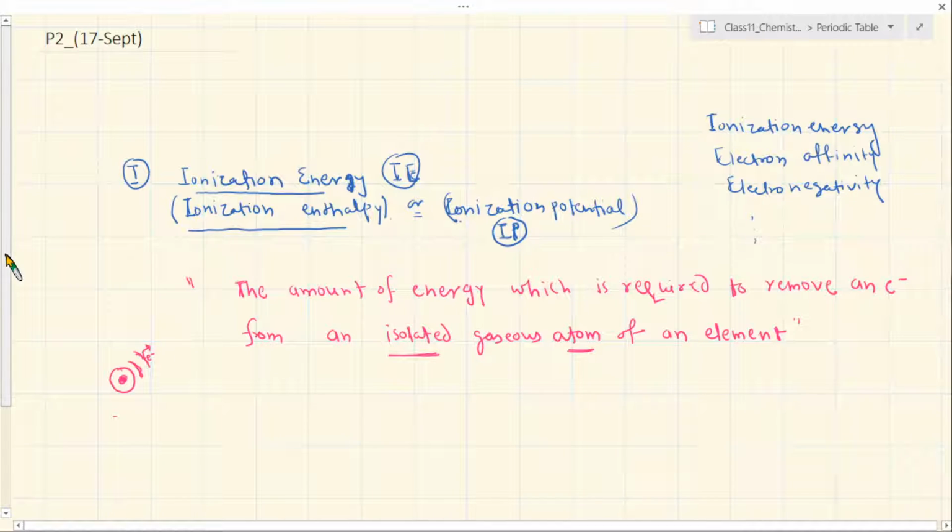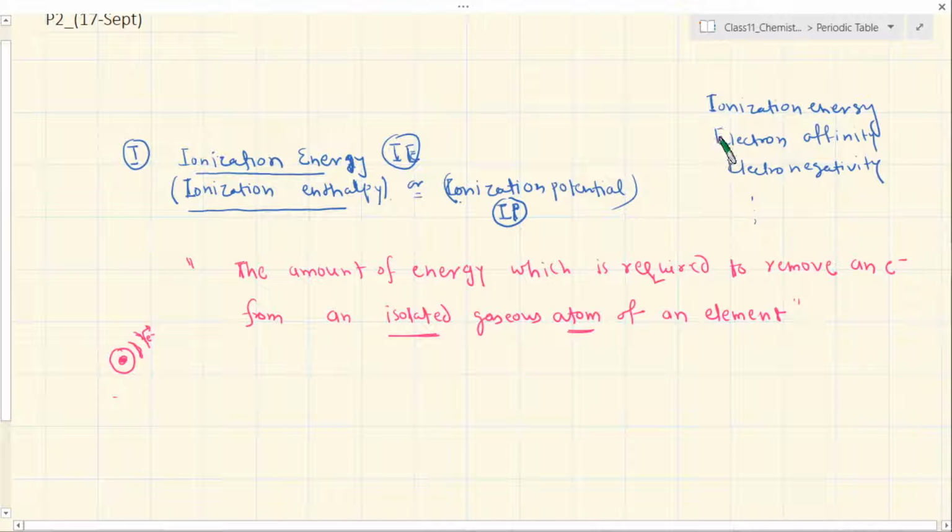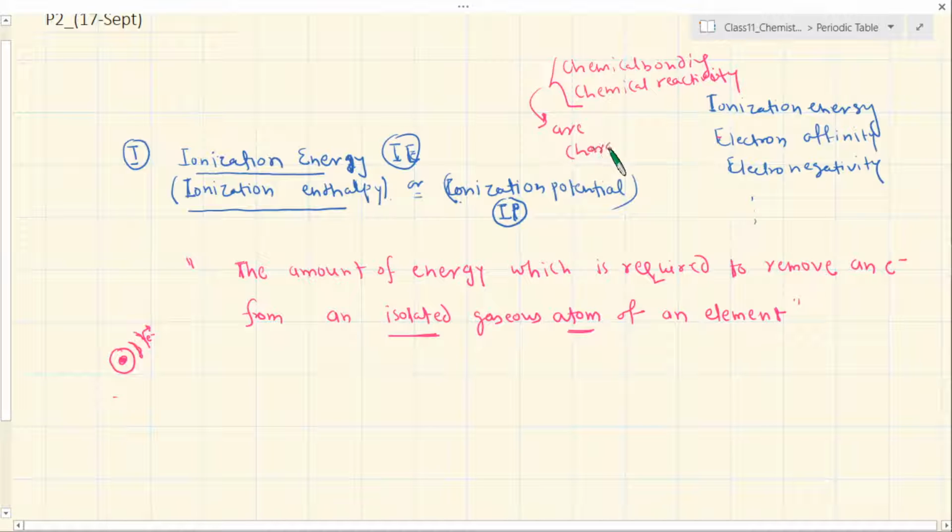So then the question may arise, why are we looking at all these parameters? I said just now that these are very important parameters. They help us to understand many things about chemical bonding, about chemical reactivity, and many more things are characterized in terms of these parameters.